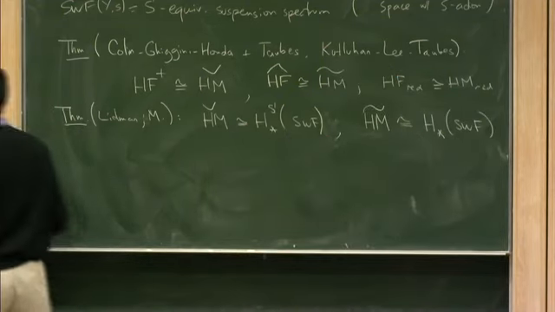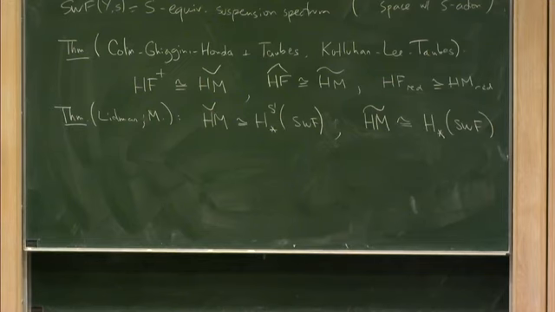You can define a red version as well, but it's just an algebraic construction from the Borel part, so let me not talk about it. But basically this says that all three versions are really the same invariant.